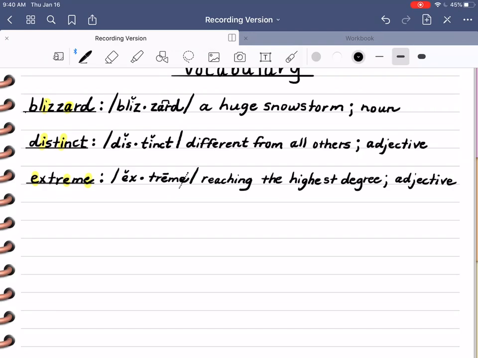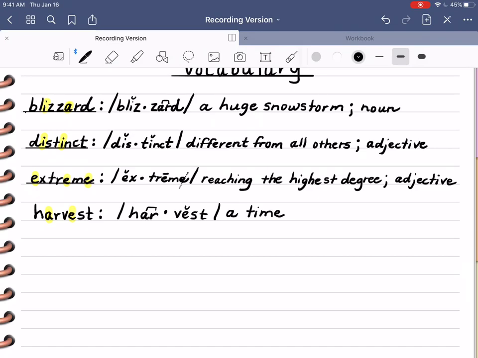Okay, the next one is harvest. Count vowels. We have 1, 2. Har. Vest. This is R controlled, and this is harvest. Harvest is a time.